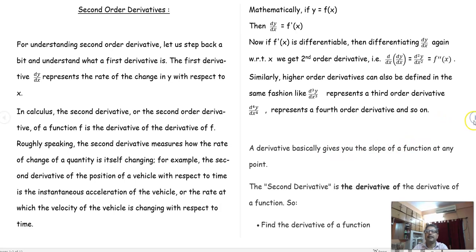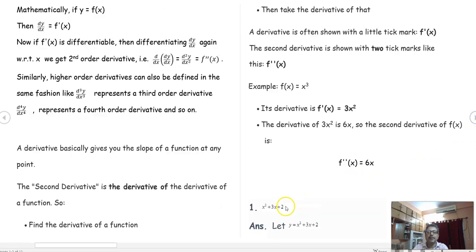For y equal to f(x), the first order derivative is dy by dx equal to f dash x. If f dash x is differentiable, then differentiating dy by dx gives d square y by dx square, or symbolically sometimes f double dash x. Similarly, the third order and higher can be defined.